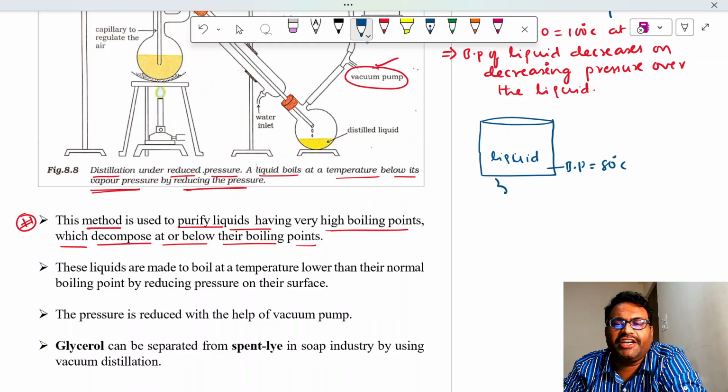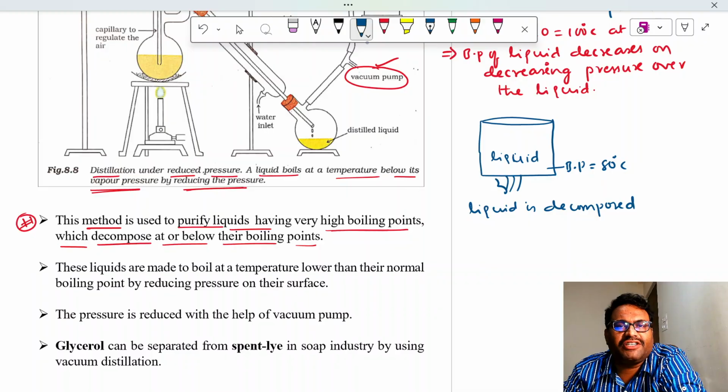If you heat it up to 80 degrees centigrade, it is found that the liquid is decomposed. Decomposed means it is breaking into another substance. But we don't want that. We want the pure liquid in the vapor form.